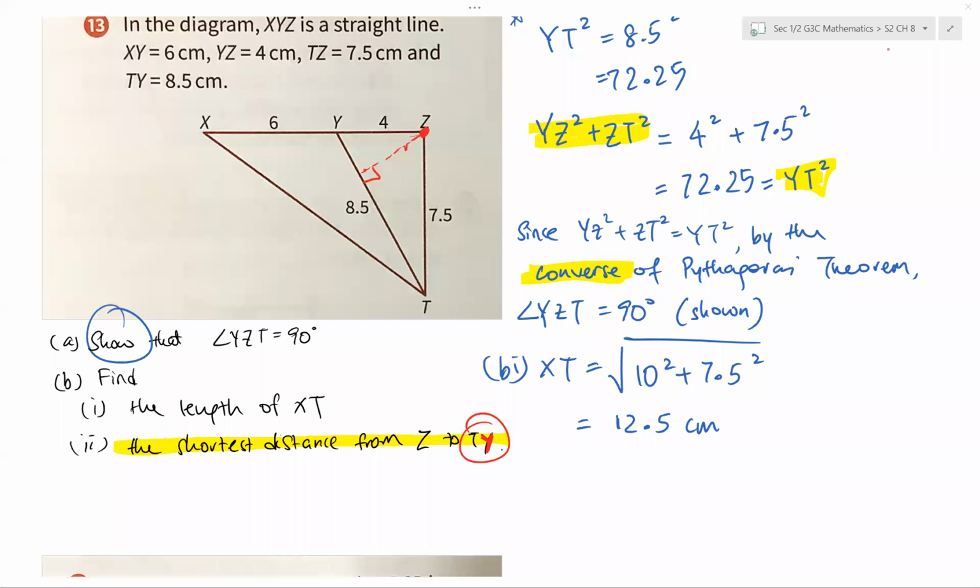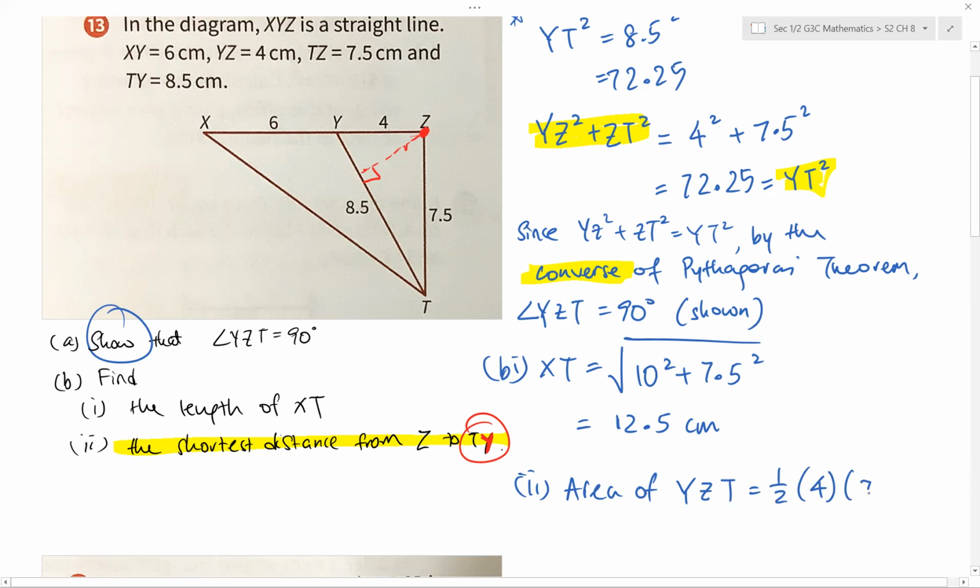And we do so, we try and find out this value by using area of the triangle. So this was something that we did last time already in Sec 1. Part 2, area of YZT, half times the base. We choose the base as 4 times 7.5.